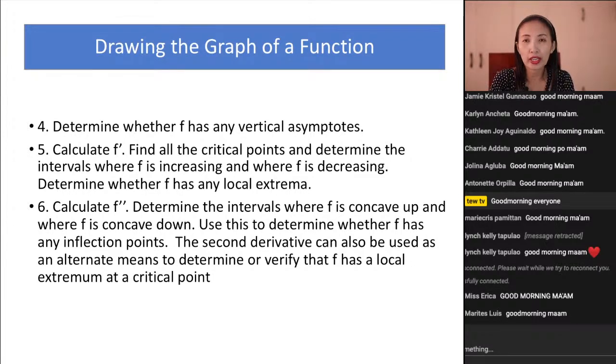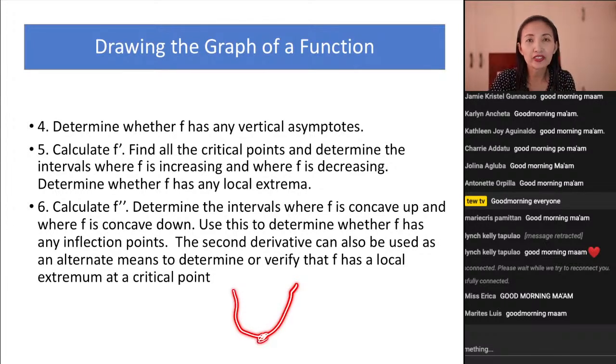Now, how about your f double prime? That's number 6. Calculate f double prime. Determine the intervals where f is concave up. When is it concave up? Concave up means there is a min.